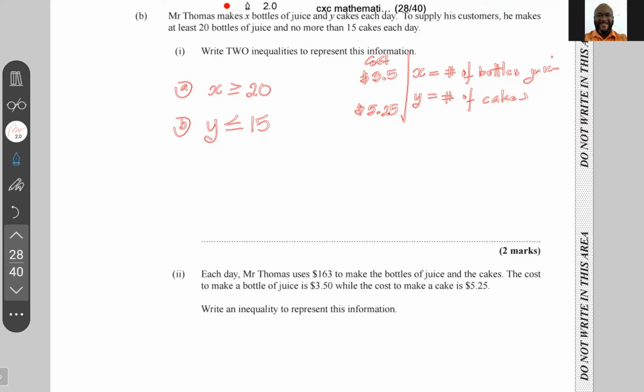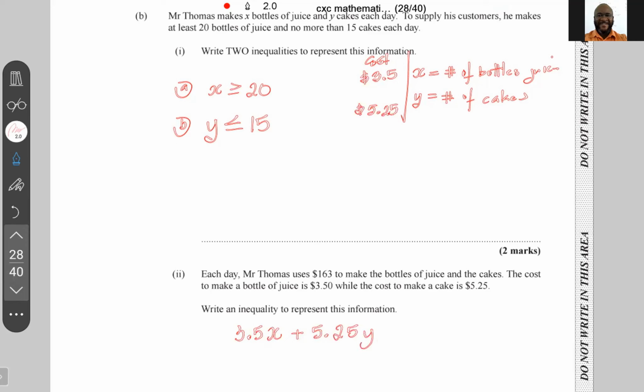If every day I make x bottles of juice, and each bottle costs $3.50 to make, it means every day I spend $3.50x on juice. So it's the number of bottles multiplied by the cost of one, plus $5.25y. That's the amount of money I spend making cakes.